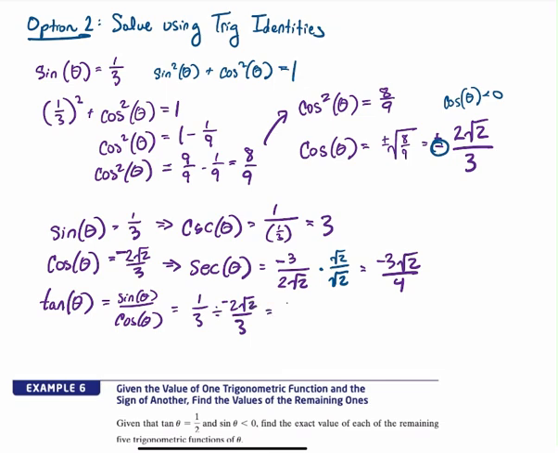So we're keeping the first one, 1/3, flipping it to multiplication, and then flipping our second fraction, so negative 3 over 2 root 2. Notice those 3's will cancel, so we'll get negative 1 over 2 root 2, which if we rationalize will give us negative root 2 over 4, because we would multiply by root 2 over root 2.